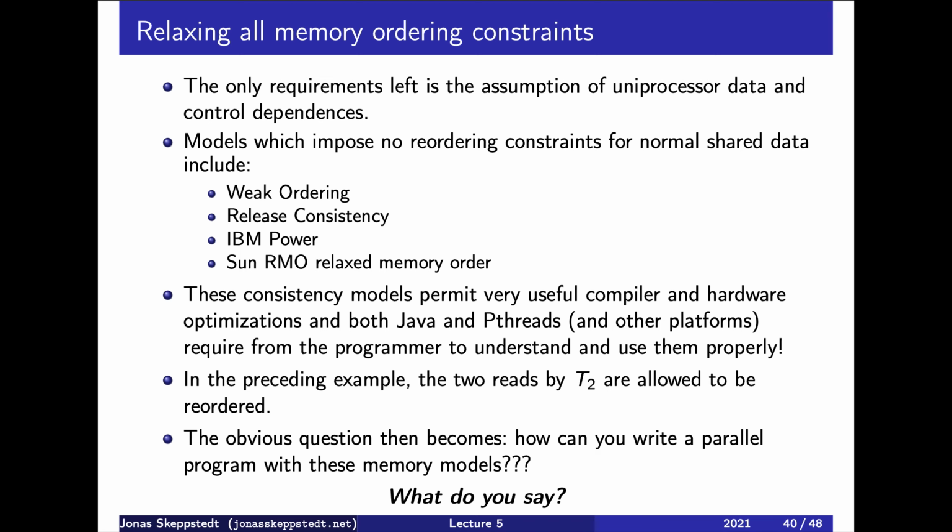What they do is to permit extensive hardware and compiler optimizations. Okay, so now we come to an obvious question. How come we can write any working parallel program if all the memory accesses can be reordered?